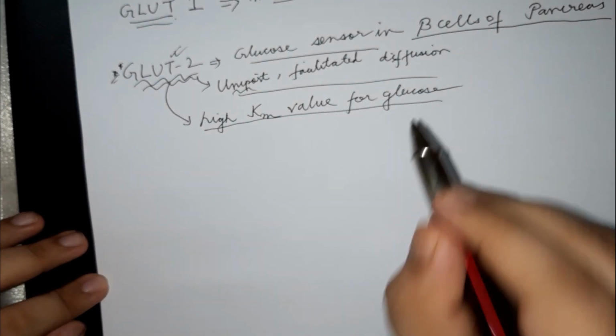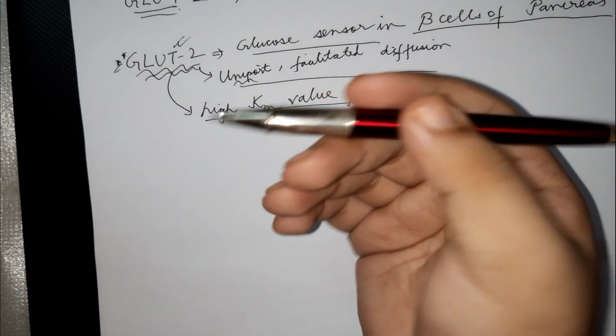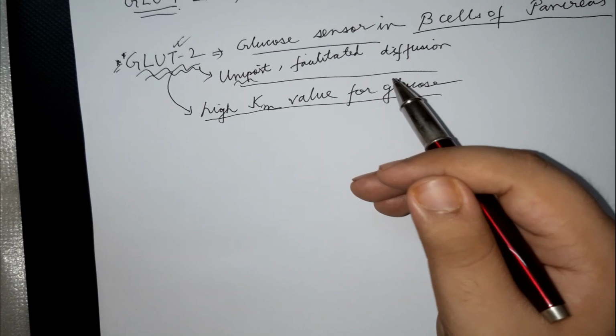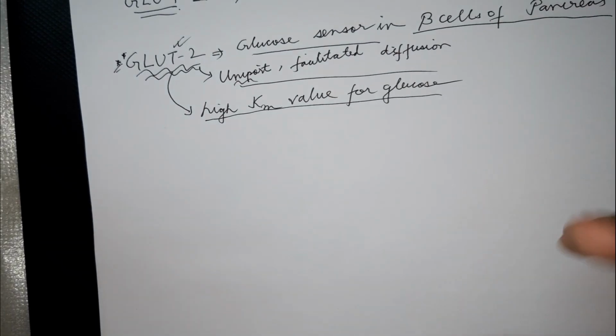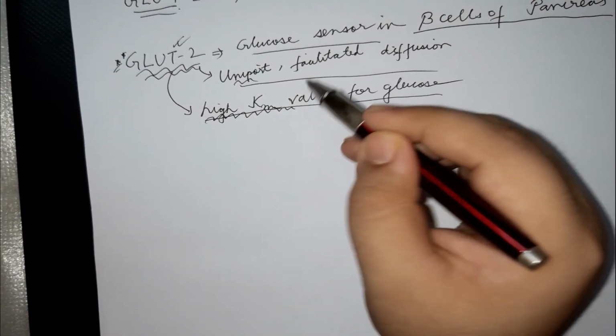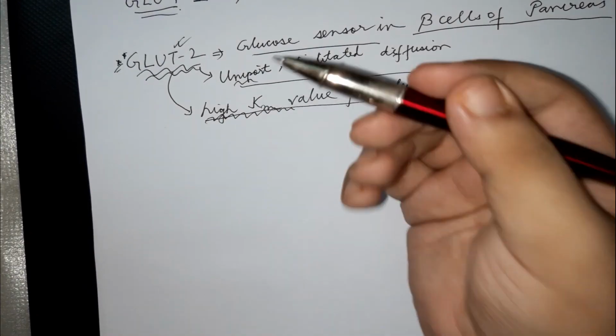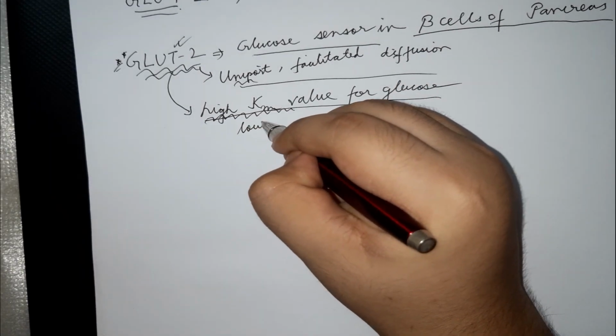GLUT2 has a very high Km value for glucose, which means, if we have the prerequisite knowledge of enzymes and how they work, we would know that a high Km value for a particular protein means a low affinity.